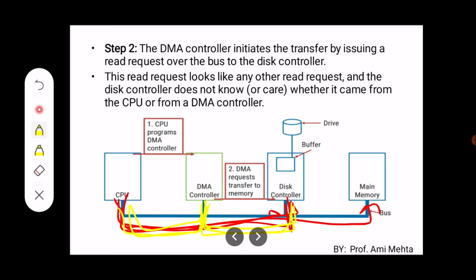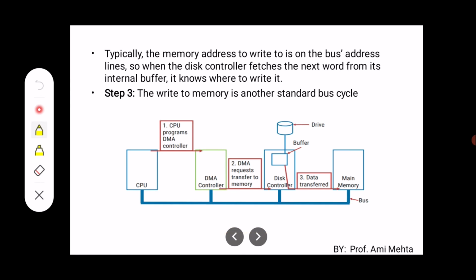This read request looks like any other read request, and the disk controller does not know or care whether it came from the CPU or from a DMA controller. So it will allow the controller's buffer to read the data and transfer it into main memory.